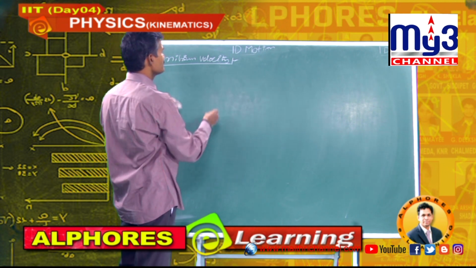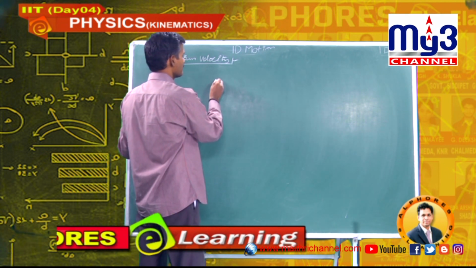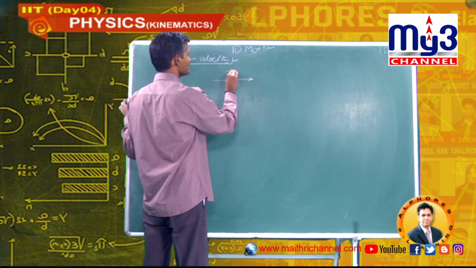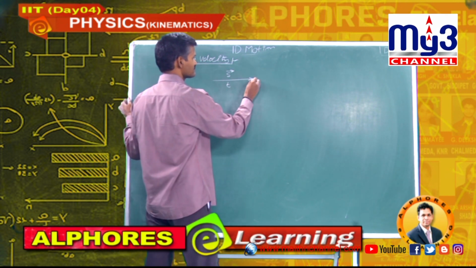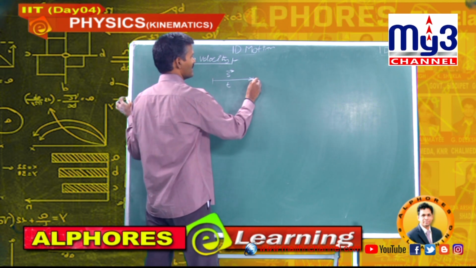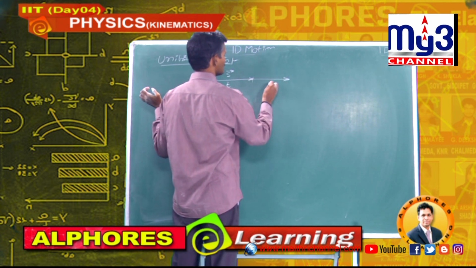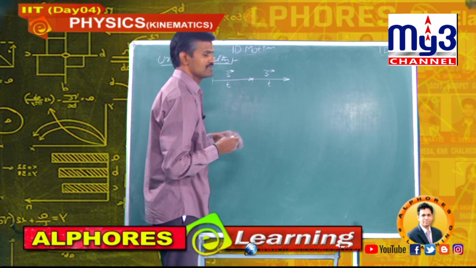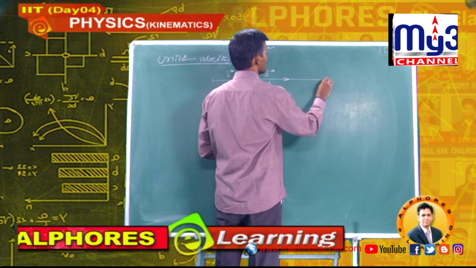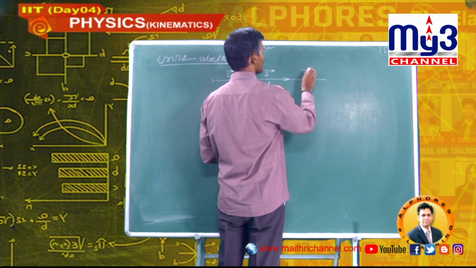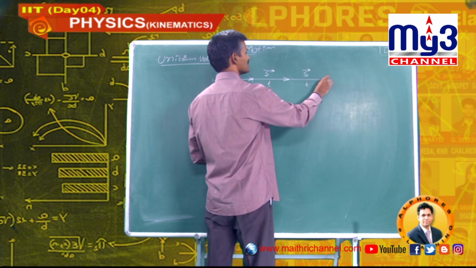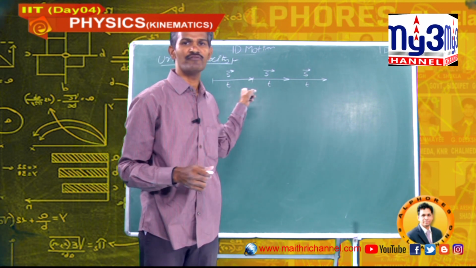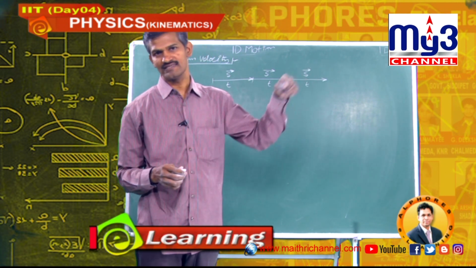So in case of uniform velocity, suppose a body covers some S bar displacement in t time, and in the next t time, it also covers the same S bar displacement. In such case, the body or particle is said to be moving with a uniform velocity.